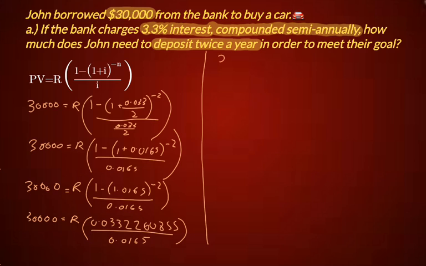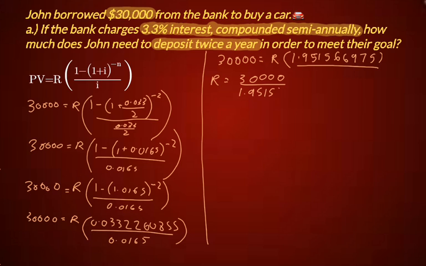So now 30,000 equals R times 1.951566975. If we divide both sides by this number, we get R equals 30,000 divided by 1.951566975.